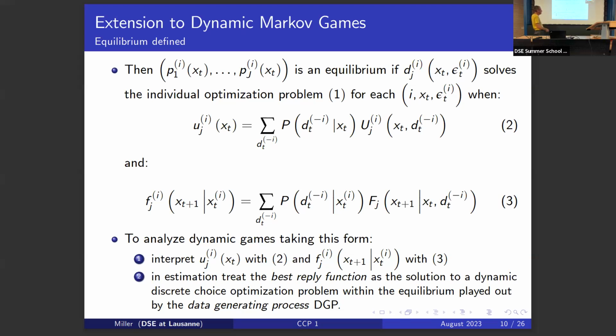How is this transition going to move when I take action j? Well, I'm taking action j. Everybody is doing their thing. That's going to determine what fj, this probability transition, is. But I don't know what they're doing, so I have to integrate over their probabilities. Now, if you do that, well, then we're right back to the individual optimization model.